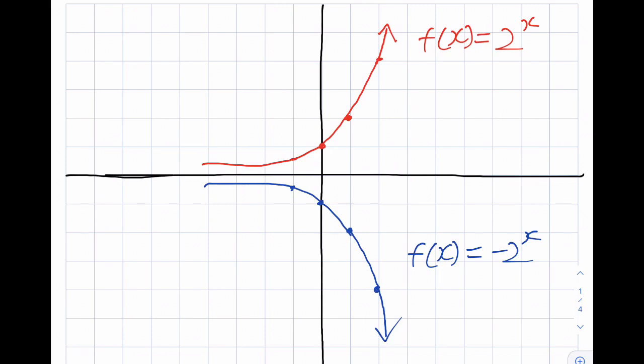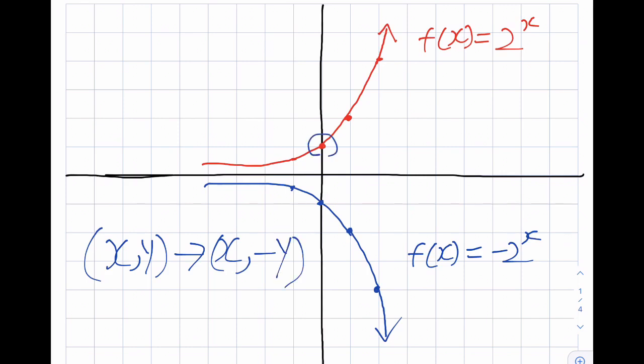We can write the mapping notation of this transformation as (x, y) to (x, negative y), because all of these points on the red graph got reflected in the x-axis, and what that means is that their y values all turn into a negative value.